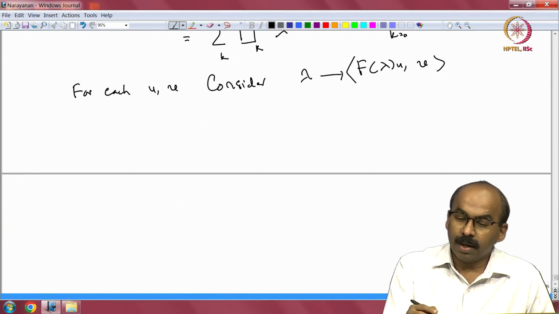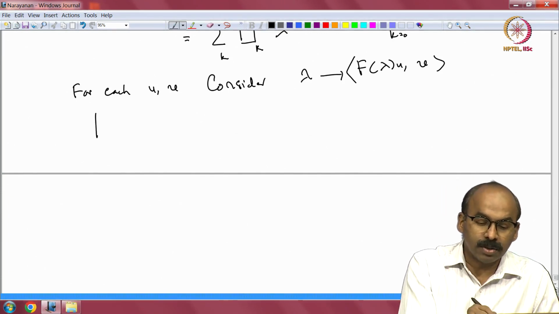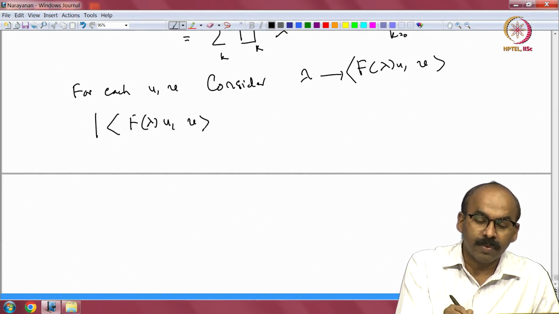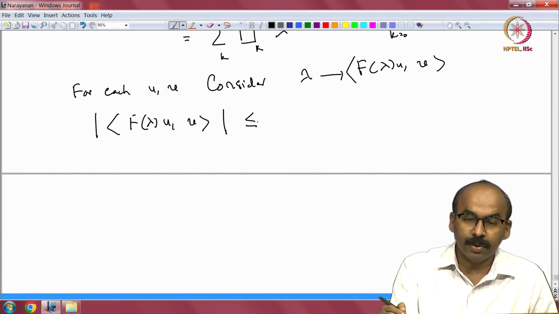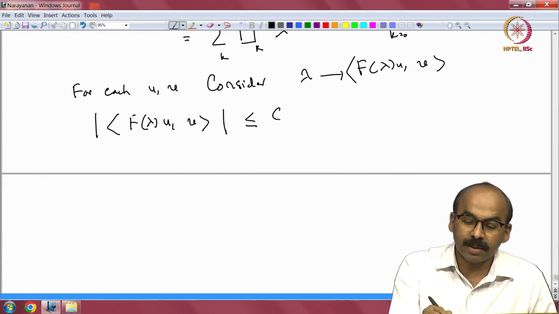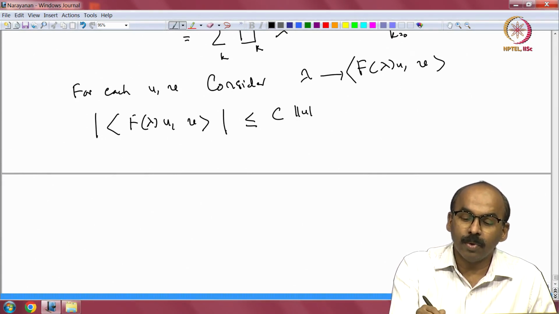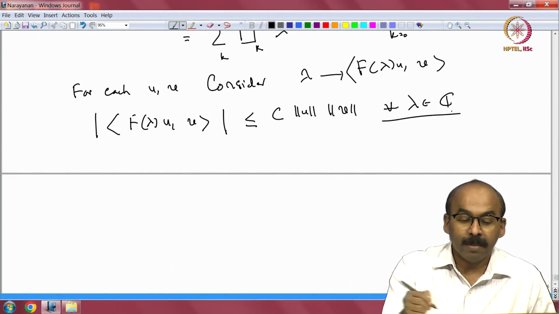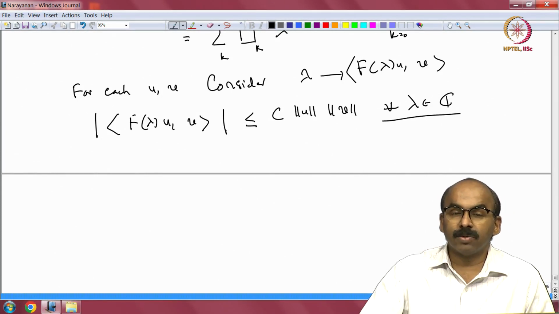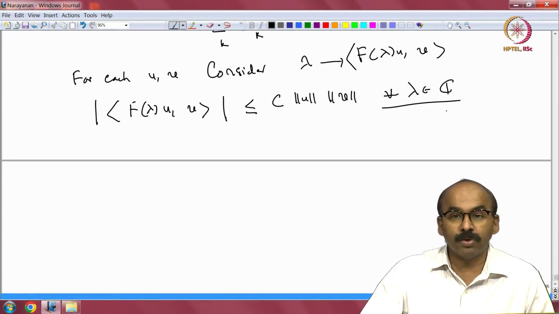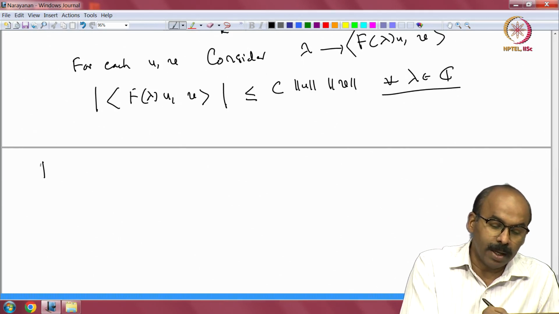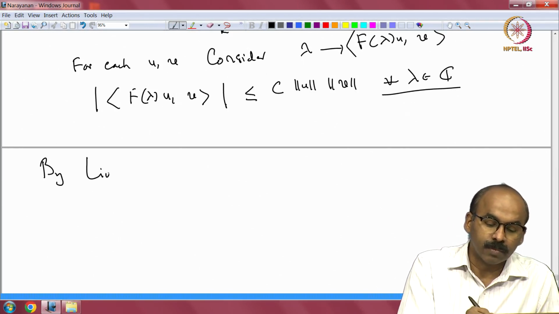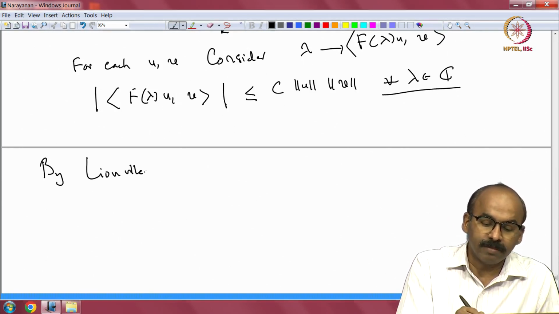So, the modulus of this is less than or equal to norm x, some fixed constant, times norm u, norm v, for every lambda in C. But it is an entire function in lambda. So, it is constant by the usual Liouville's theorem.